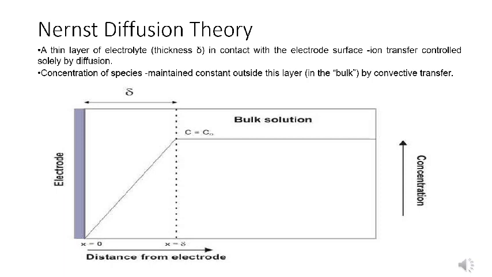The delta is the Nernst diffusion layer. That is how the copper 2 plus in the bulk solution will diffuse towards the electrode surface, and then undergo the electroreduction process to form a new coating, a new product at the electrode surface. This delta or diffusion layer is only in nanometer size.